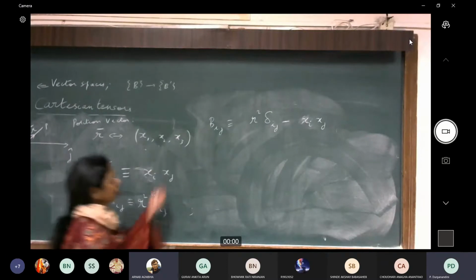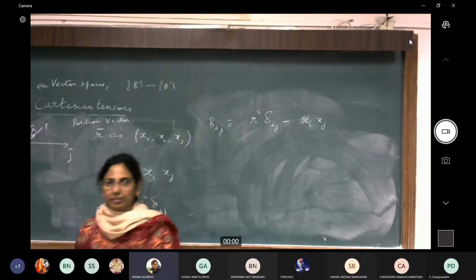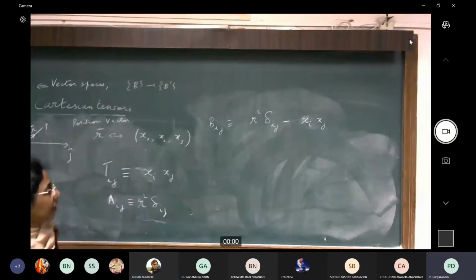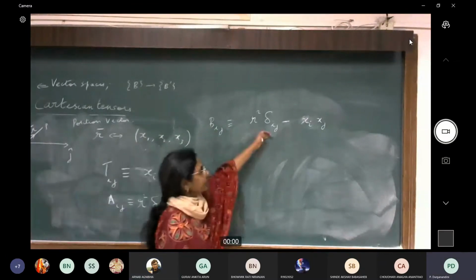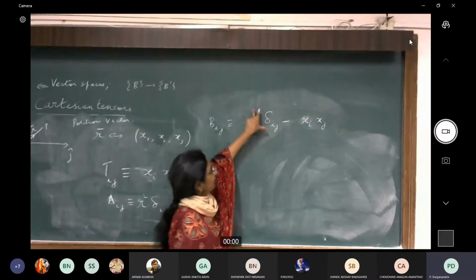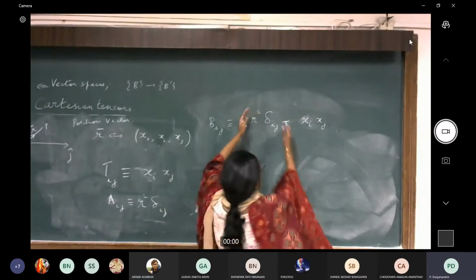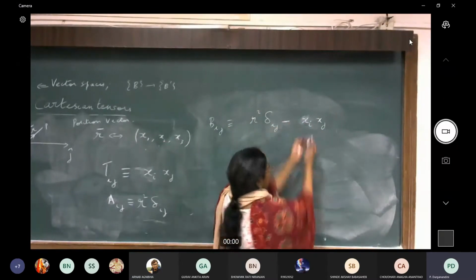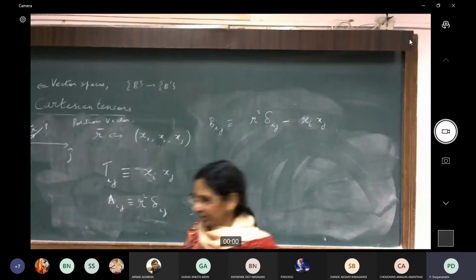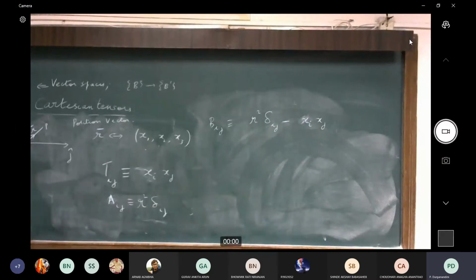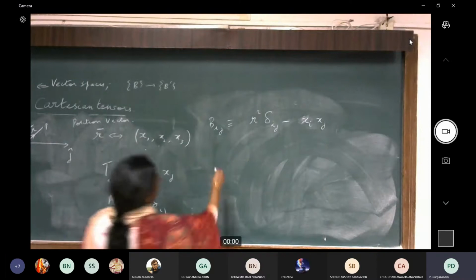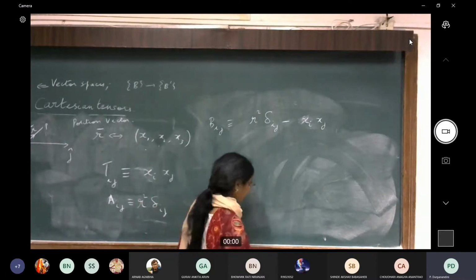Okay. So there will be a difference between each of the components. Yes, very good. So you can see that this object has 9 components, and since it is nothing but the difference between two rank 2 tensors, this resultant object transforms as a rank 2 tensor. So Bij, if I define it like this, transforms like a rank 2 tensor.